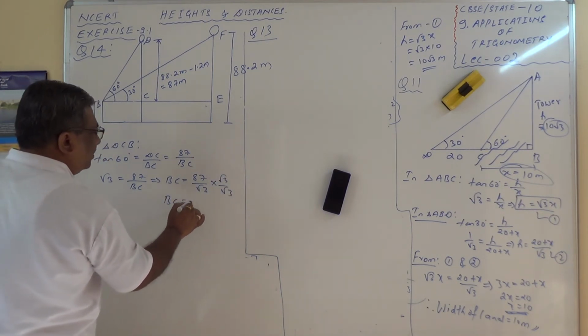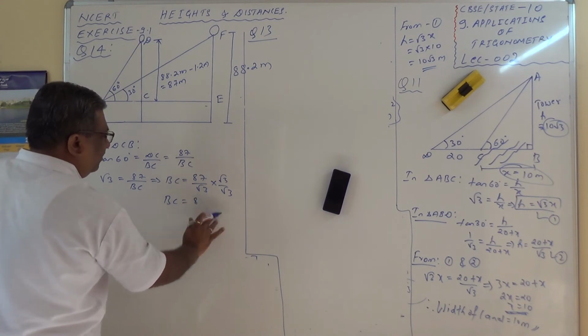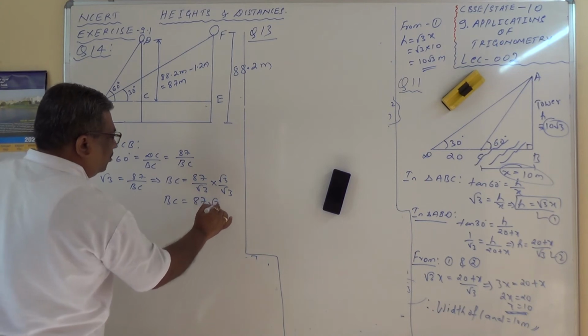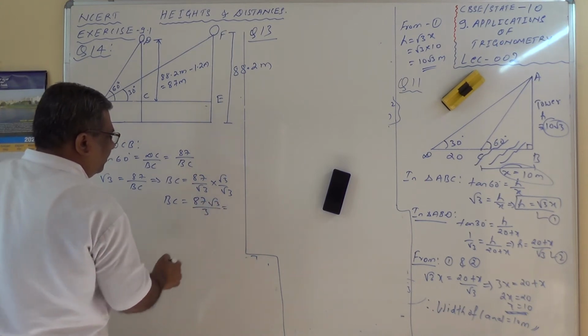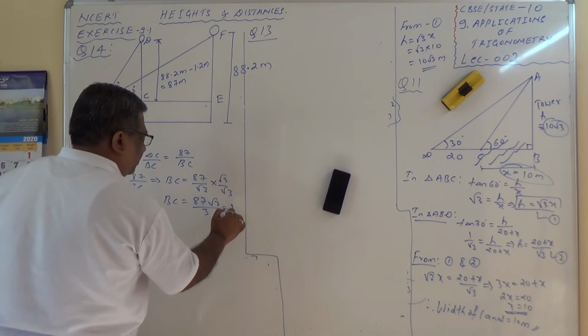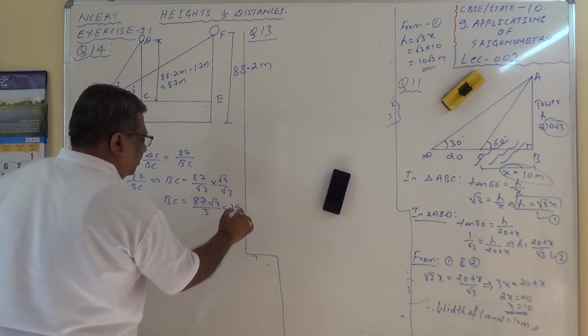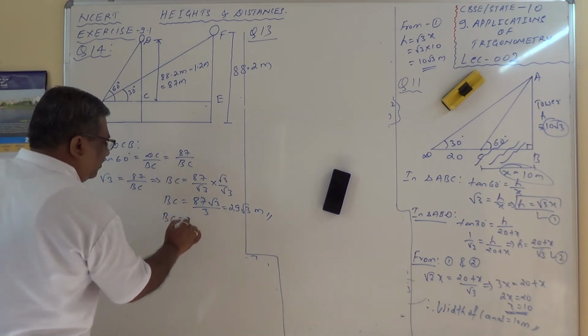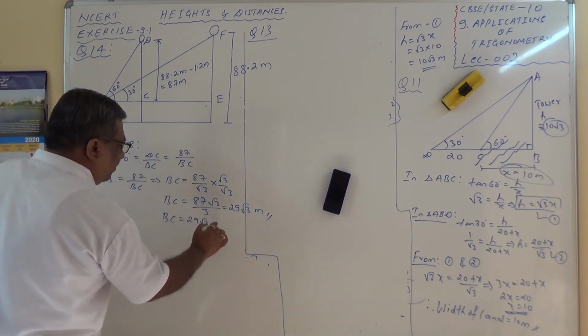So BC equals 87 root 3 by 3, which equals 29 root 3 meter. So I got BC equals 29 root 3 meter.